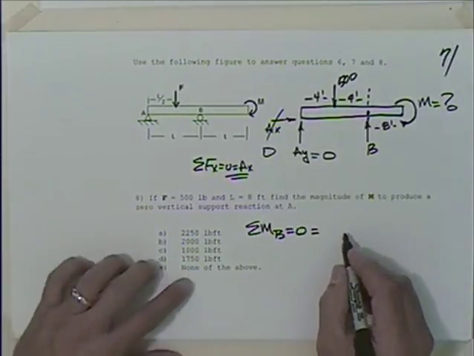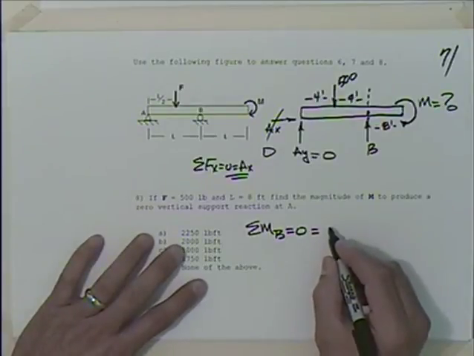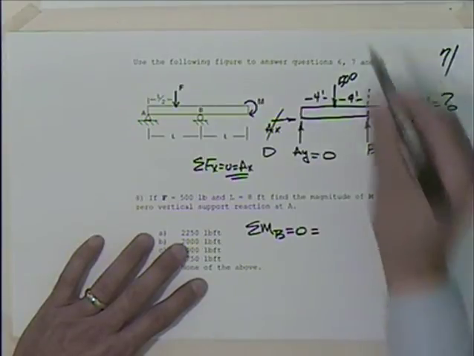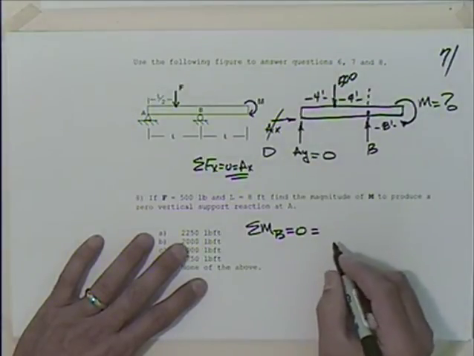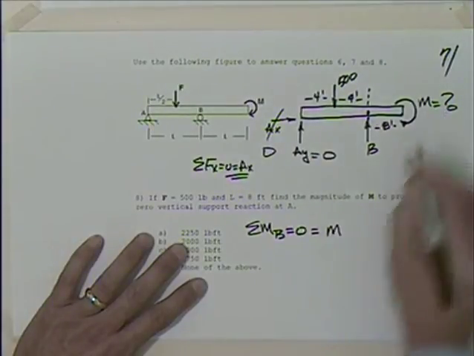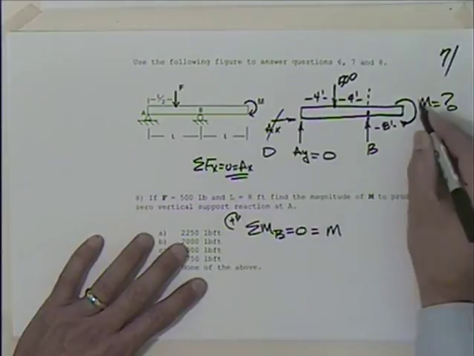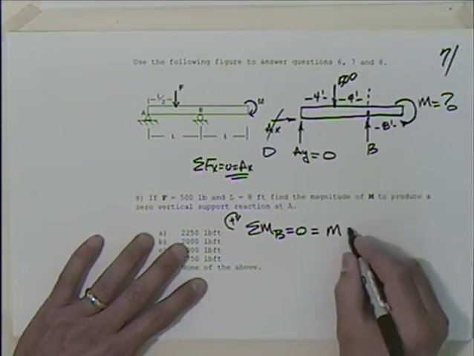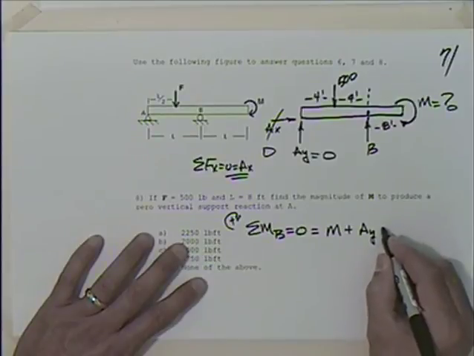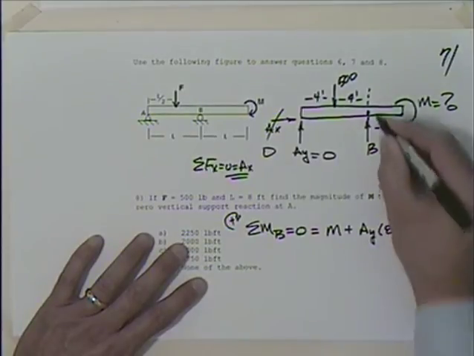I have AY. Did I write that? Yeah, okay. So I've got this M. So I don't know if this is 100 anymore, so I'll just say that that's M plus AY times 8, because I'm summing the moment at this point.